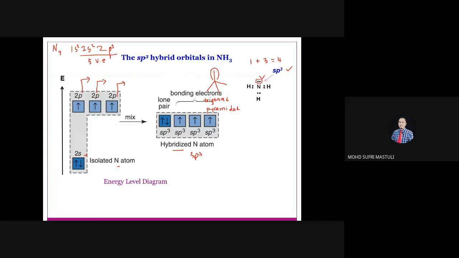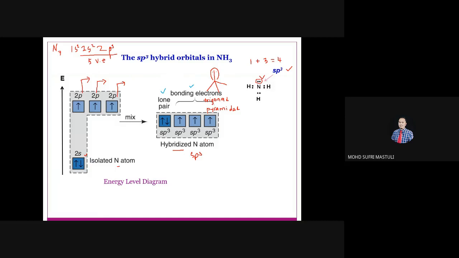We have 3 single electrons to form single bonds with 3 hydrogens, and the remaining 2 electrons become a lone pair, because a lone pair is 2 electrons. So after we hybridize into sp3, we have a lone pair, and 3 single electrons to form bonds with 3 hydrogen atoms.